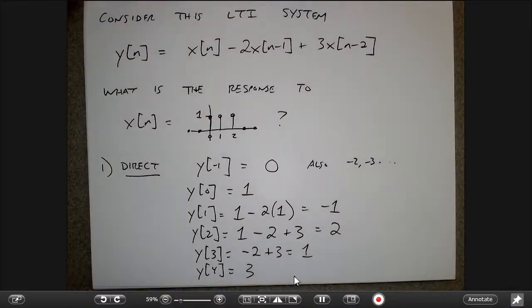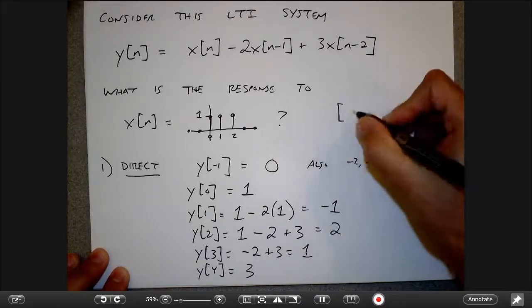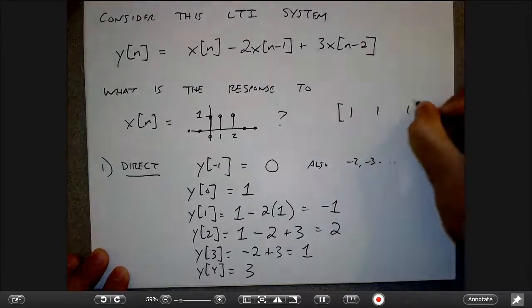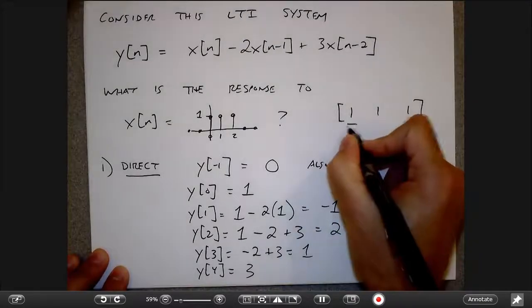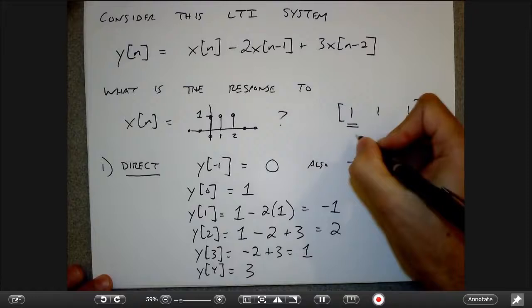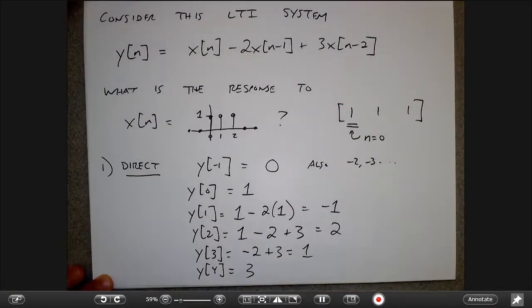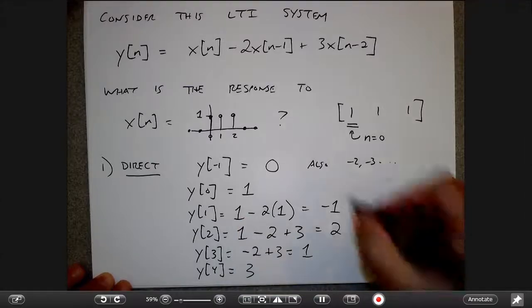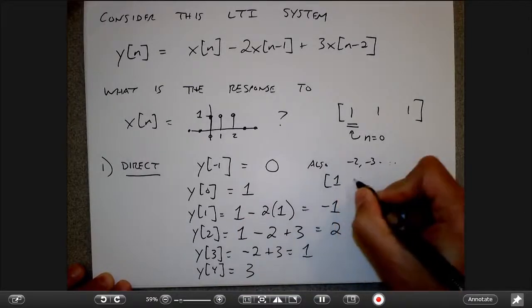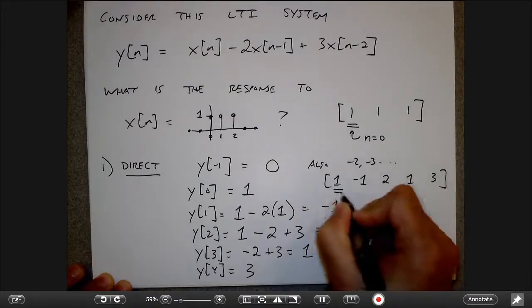One thing that will make life easier is to represent this input signal like this, 1, 1, 1, and I would use this little double underline to remind myself that that is where x of 0 is. So this double underline means n equals 0, as a shorthand. And my shorthand output for y would be 1, minus 1, 2, 1, 3. And it would start right here.